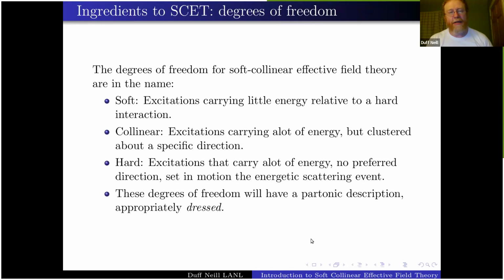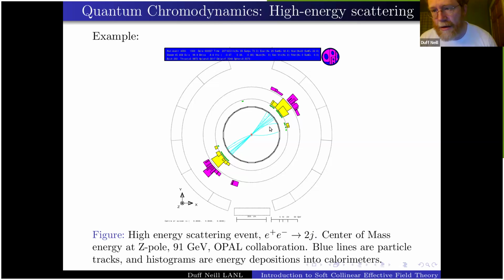If I go back to my little OPAL detector, all of my hard degrees of freedom would be at that little red dot, highly localized in space and time, which is the quantum mechanical fluctuation of the Z boson itself, and then how that fluctuation of the Z boson decayed into a quark-antiquark pair, and then how those quark-antiquark pairs started interacting with each other.